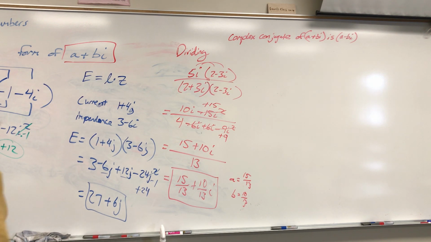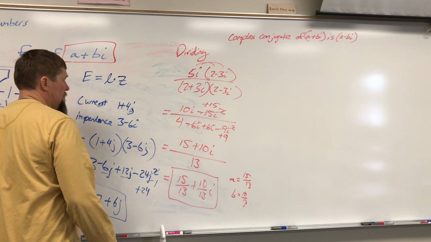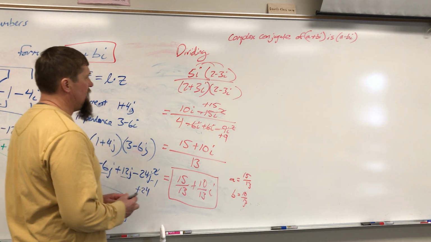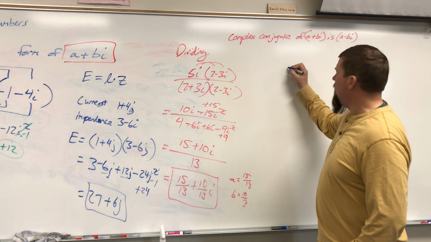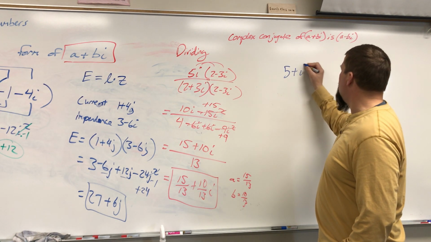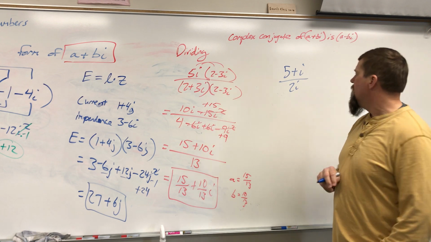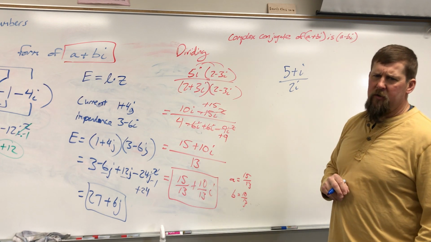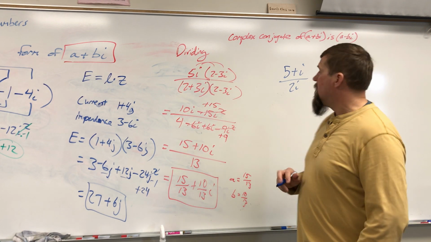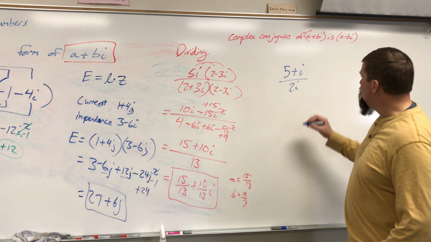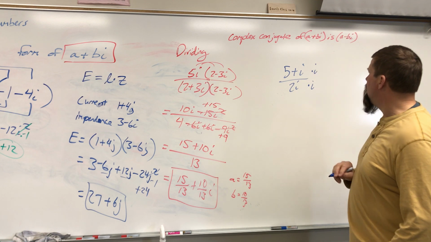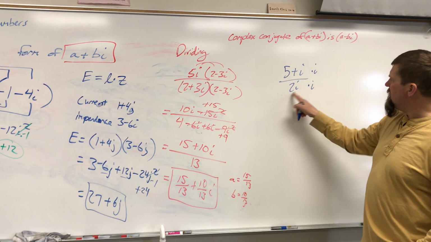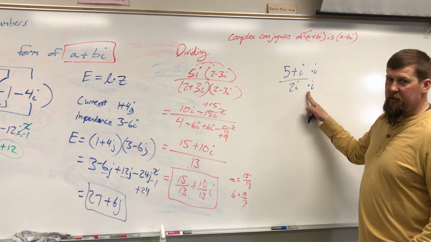Now, the next one I want to show you is basically when you have just an i in the denominator. So for example, if I have 5 plus i over 2i, this time I am going to multiply the top and bottom by just i. And the reason is because I don't need to multiply by the 2 to get rid of the i.